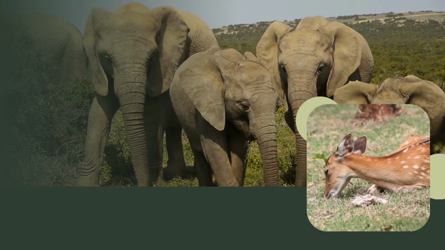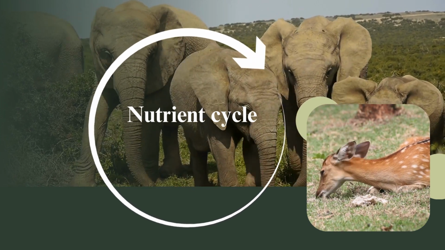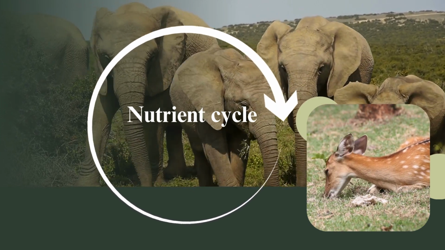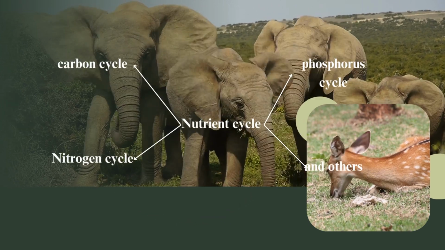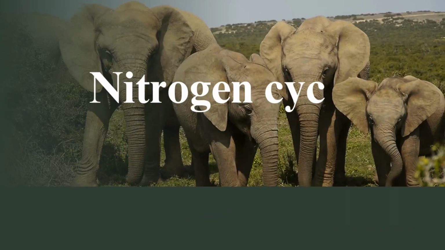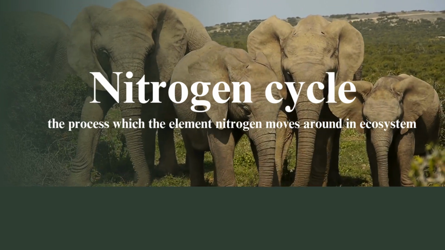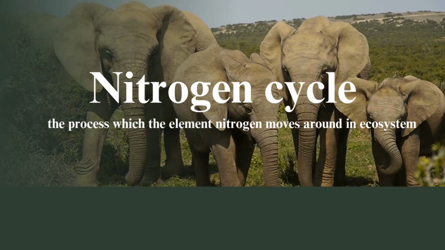This recycling of matter is known as the nutrient cycle, and there are several different nutrient cycles for different elements. But today, we will focus on the nitrogen cycle, the process by which the element nitrogen moves around an ecosystem.